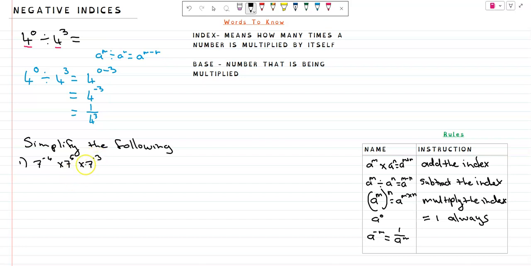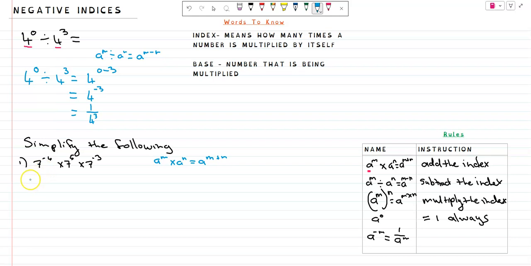Okay, so first of all, we need to go check, does our rule match? Which rule do we use? They are multiplying, so we use this one over here, and we write down the rule. Remember, we write down our rules. a to the power of m times a to the power of n equals a to the power of m plus n. There we wrote down our rule.